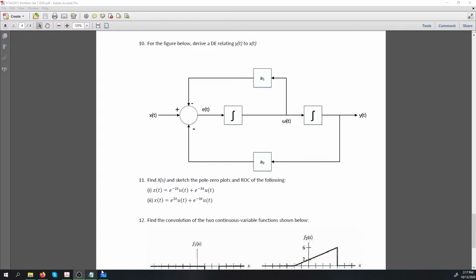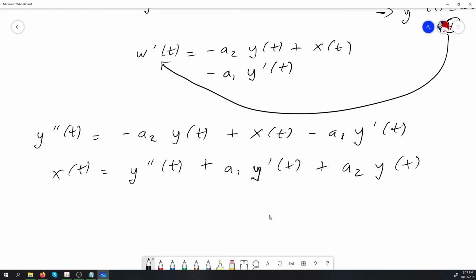So are there any questions regarding the approach here for question 10?